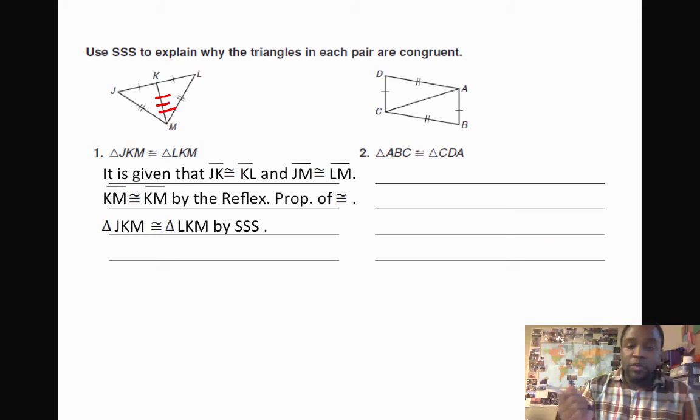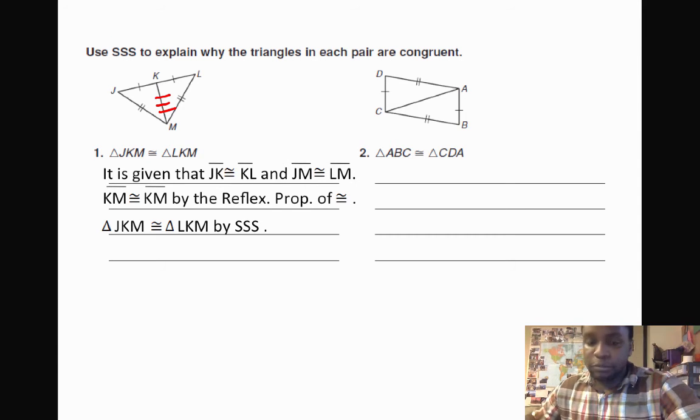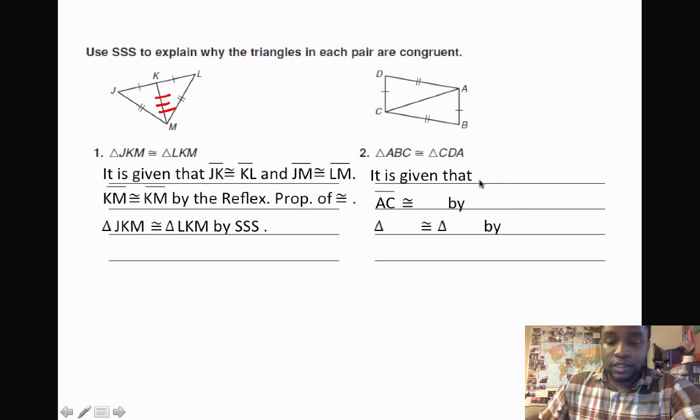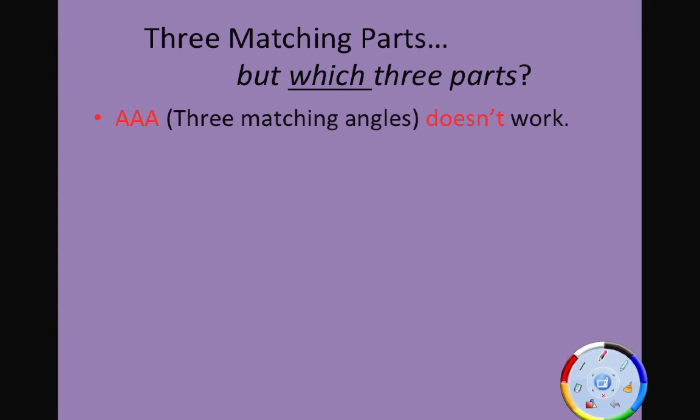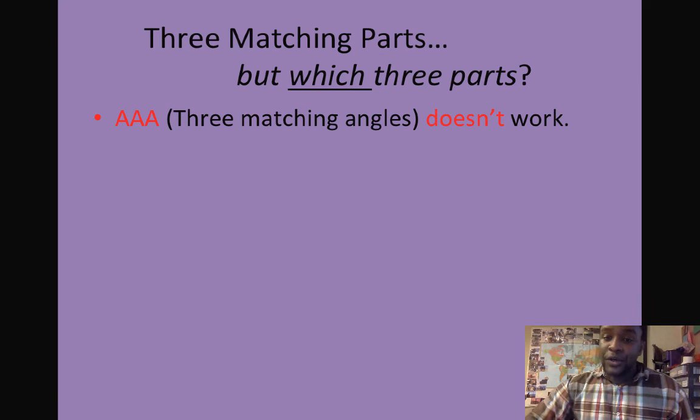Now, take a moment to try to prove number 2, that triangle ABC is congruent to triangle CDA. So here is your answer.